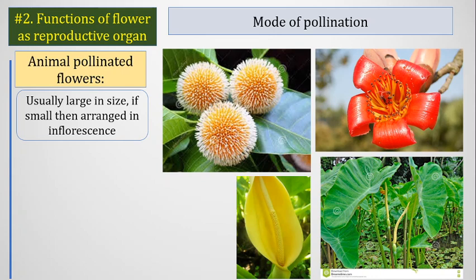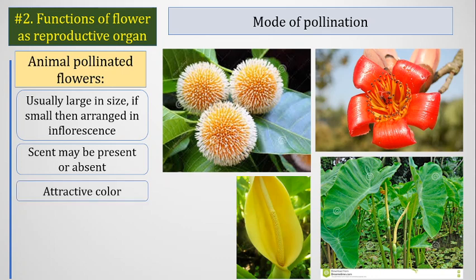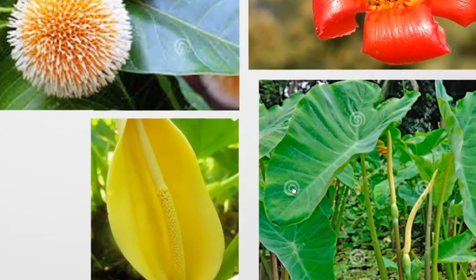The inflorescence contains a number of small flowers, and scent may be present or absent in these flowers, and they have attractive color. We see the shimul flower is bright red in color, which is very attractive, and also the kodum flower. Examples of them are kodum, shimul, or taro, that means kochu.